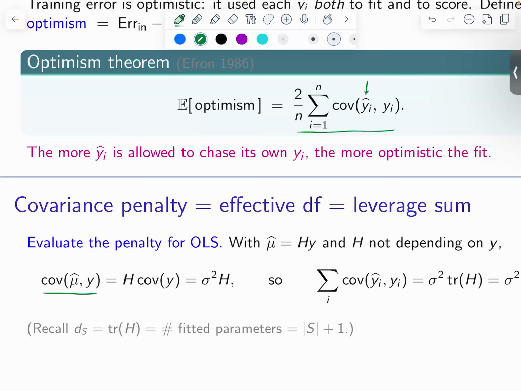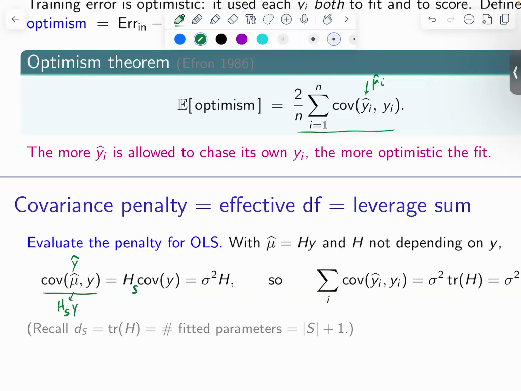Mu hat is really y hat again. I'm using these interchangeably. Some people use y hat, I use mu hat. So we're calculating the covariance of mu hat and y. This is h, let's say, times y.